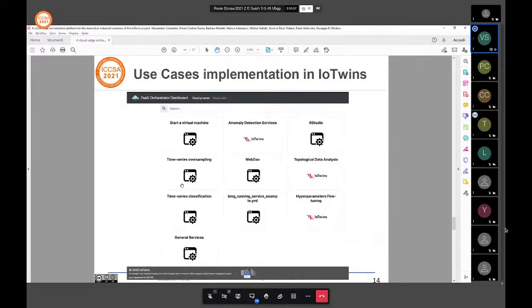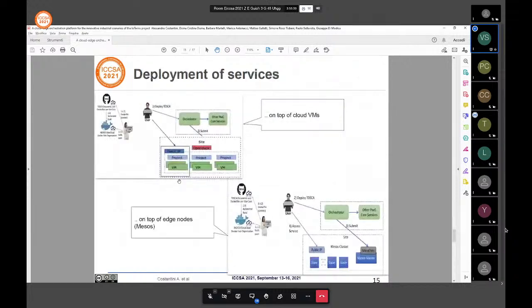As I told you before in the previous slide, IOTwins is a use case driven project, and we provide users with a dashboard, the PaaS orchestrator dashboard, where the user is able to define their own use case and use it. At this moment, the user can use two different kinds of deployment services.